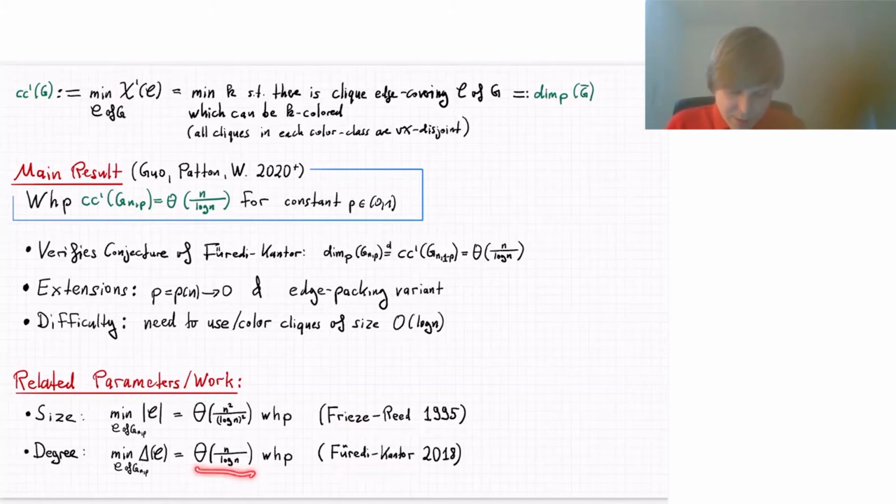Let me mention that our result also extends to these other notions of size and degree. In particular, we can also prove versions of these results when p goes to 0. And we can also replace the clique covering constraint by a clique packing constraint, so we need to take a decomposition of the edge set into cliques. In fact, the situation is quite interesting.